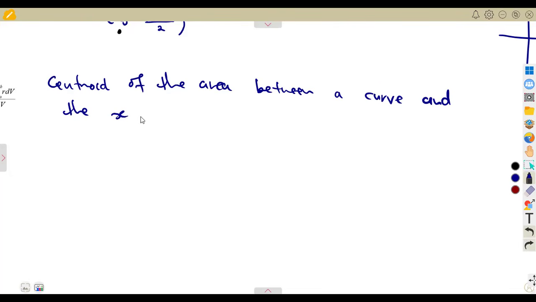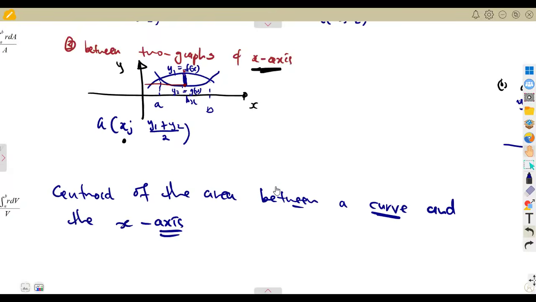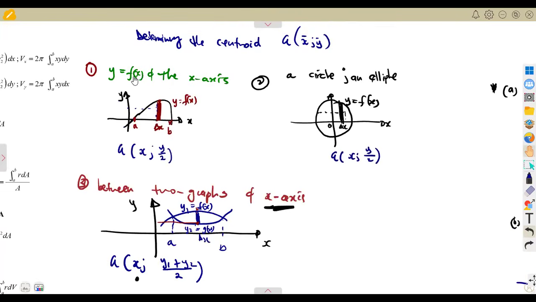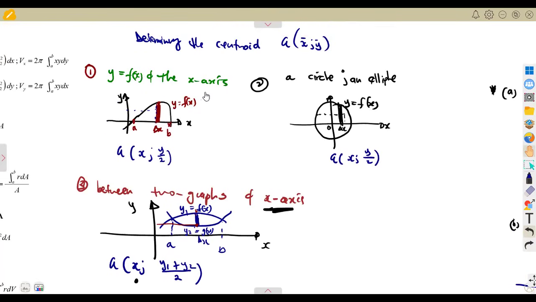If we are considering this between the curve and the x-axis, meaning it's a single curve, just like this one. So the condition that we are dealing with is this one, a curve and the x-axis. Y is equal to f of x and the x-axis. So this is the condition that we have.